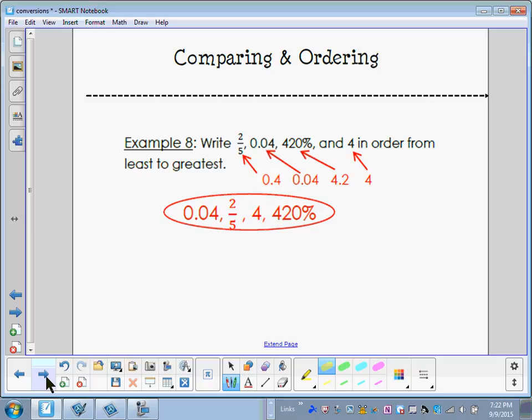Two-fifths is 0.4. 0.04 is 0.04. 420% is 4.2. 4 is 4. So from least to greatest, 0.04, 2/5, 4, and 420%. Remember, when you write it from least to greatest, go back and write it in its original form. You just convert it to the decimal so you know how to write the least to greatest.